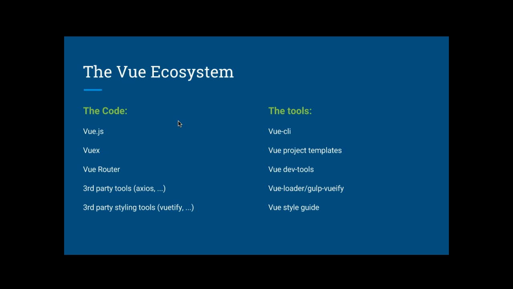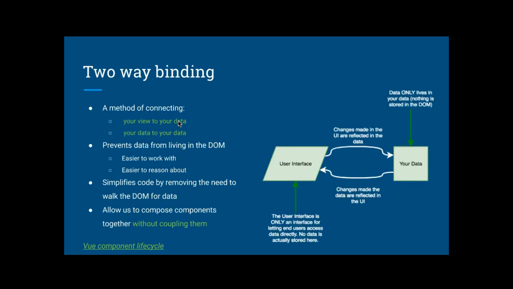And then the rest of the ecosystem is the tools that you use to either get started or continue developing: the command line tools for Vue, the project level templates so that you're not starting from absolute scratch every single time, dev tools, loaders like JavaScript build tools, and then something a little bit newer, the Vue style guide that came out in late 2017 as a way of giving general good and bad practices when developing Vue code.